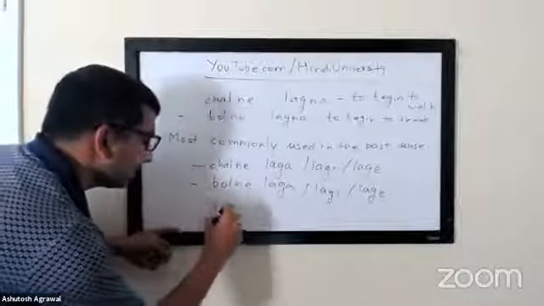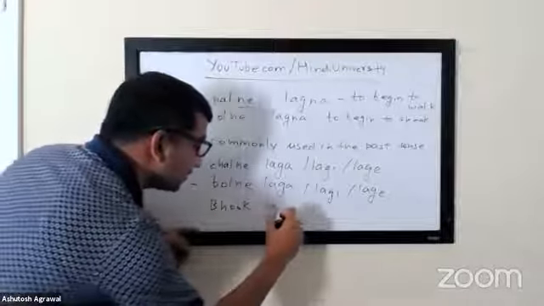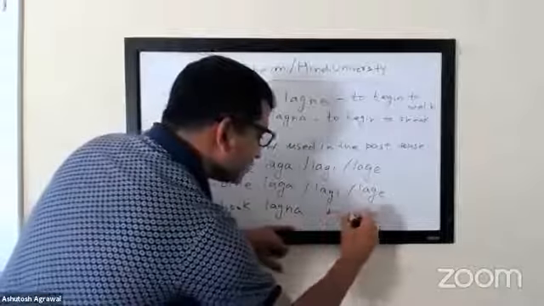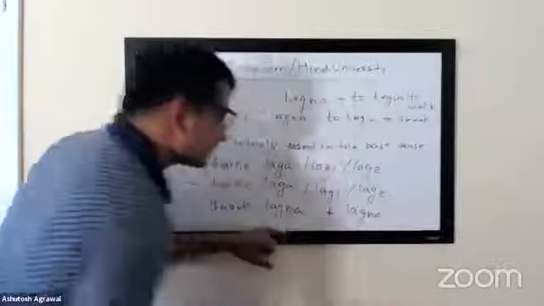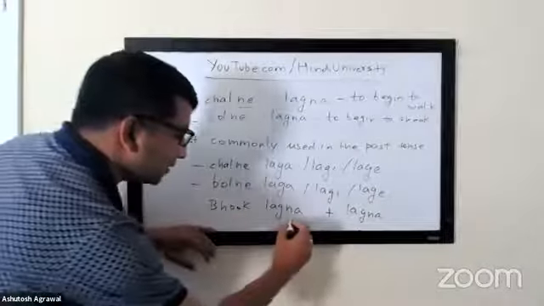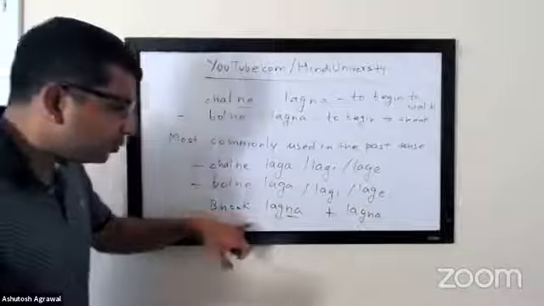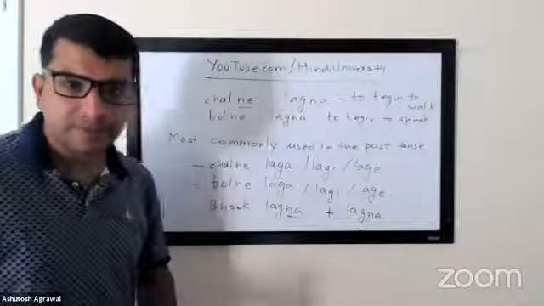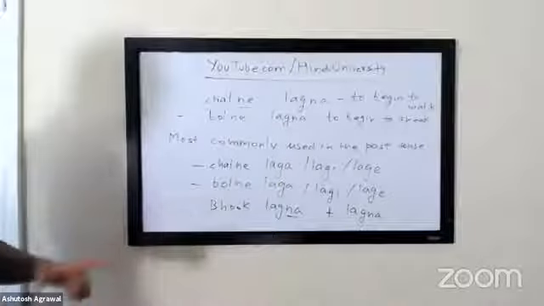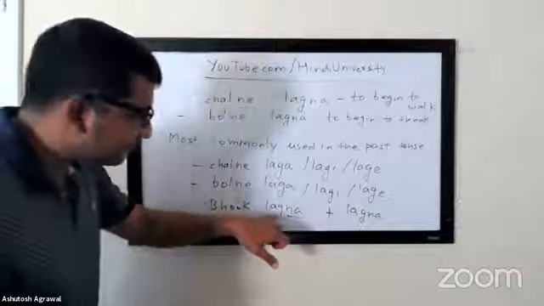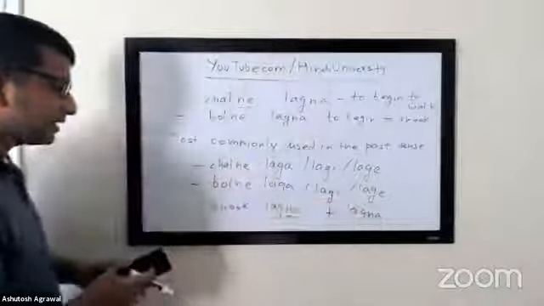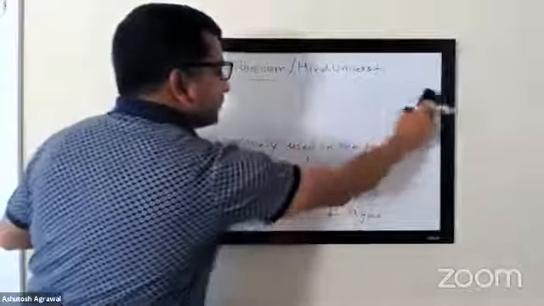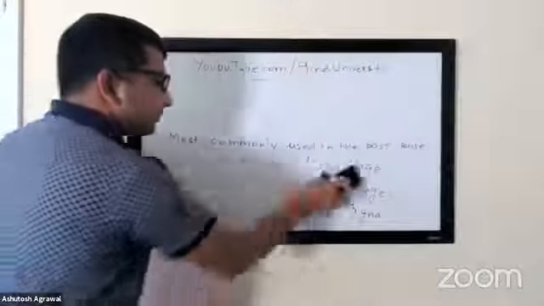Now along with it you're using lagna as well, so you change that to the oblique case, bhook lagne, and because it's feminine, bhook lagne lagi. I'll give more examples so it's clear, so just bear with me.